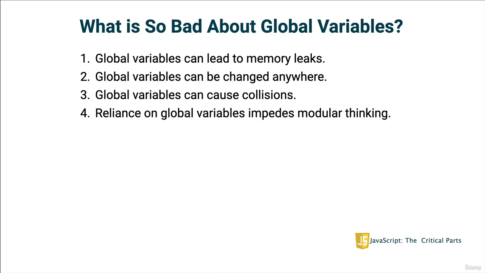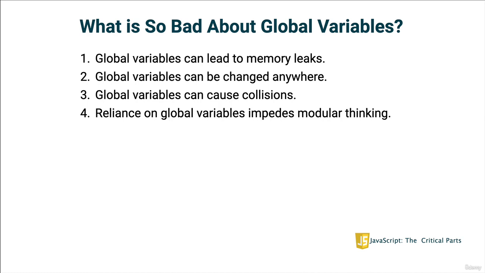So I think that's a problem with global variables as well. Now, there's a section later on where we'll talk about modules, and we'll dive into those more deeply at that point. But I think it's important to point out that if we rely on global variables too much, we don't think in that modular fashion. So those are some disadvantages to global variables.